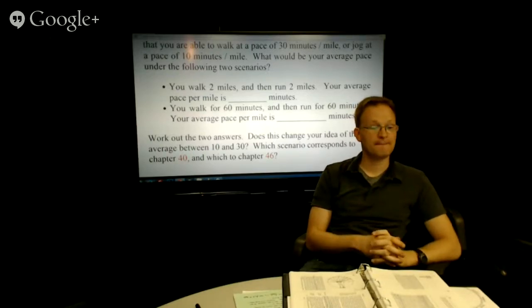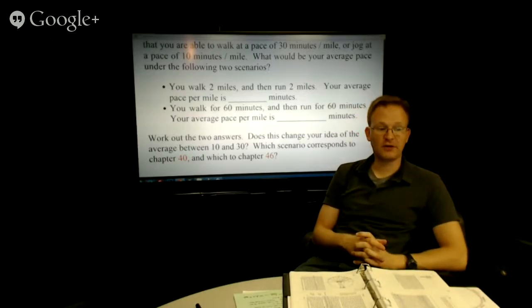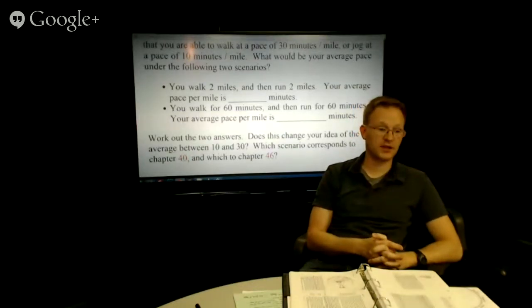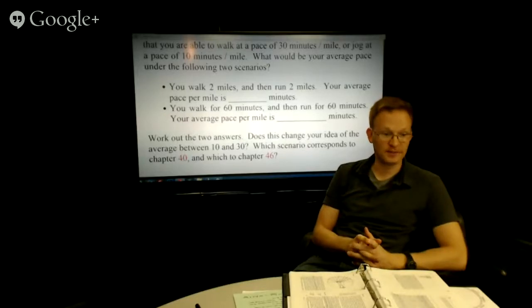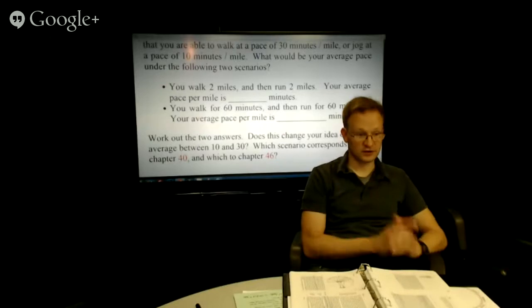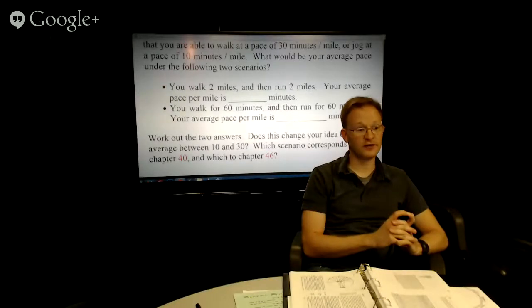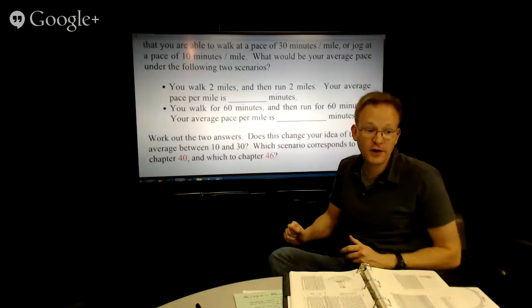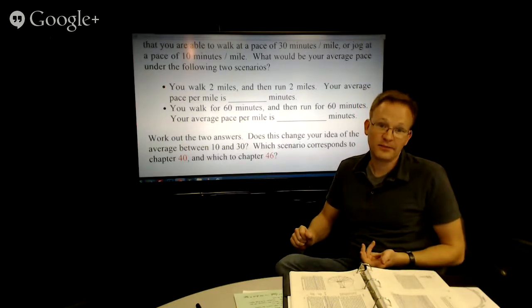Let's take a look. So if we walk for 60 minutes, how far did we walk? 2 miles? Yep. And then if we ran for 60 minutes, how far did we run? 6 miles. So a total of 2 miles plus 6 miles, a total of 8 miles. So it took us 120 minutes to go 8 miles.